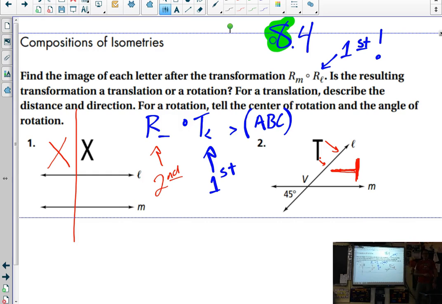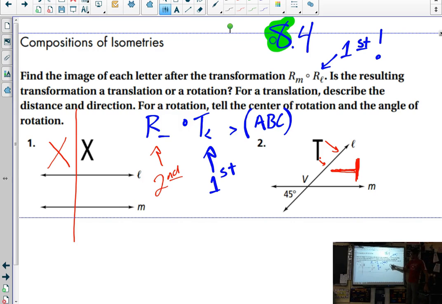Does that make sense why that would happen across the line L? Yeah, I got confused because I thought it meant you had to reflect it 45 degrees. No, the line's at 45, so actually, and this is dangerous until you do a decent amount of practice, that reflection is going to somewhat mimic what a 90-degree rotation would be, but it doesn't.